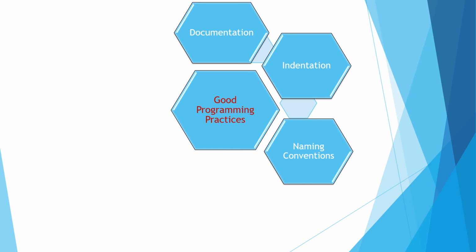The names used within a program, like for a module, different identifiers or variables, must be logical and meaningful. They must indicate the purpose for which they are being used there. This makes the code more readable.